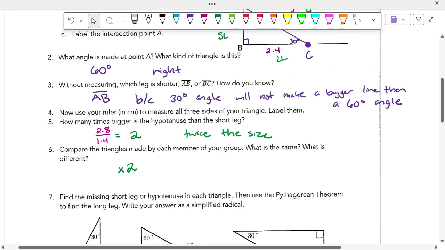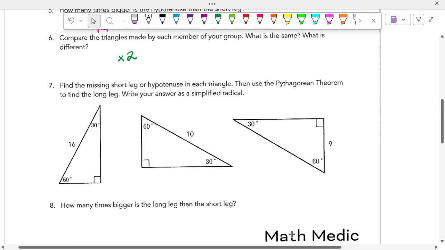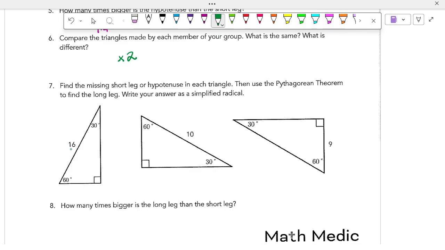Now, that means when I'm doing these down here, if we find our short leg from the hypotenuse, we just do 16 divided by 2, which is 8. This is the hypotenuse, I want my short leg, so this would be 5. This is my short leg, and I want my hypotenuse, so that'll be 18.